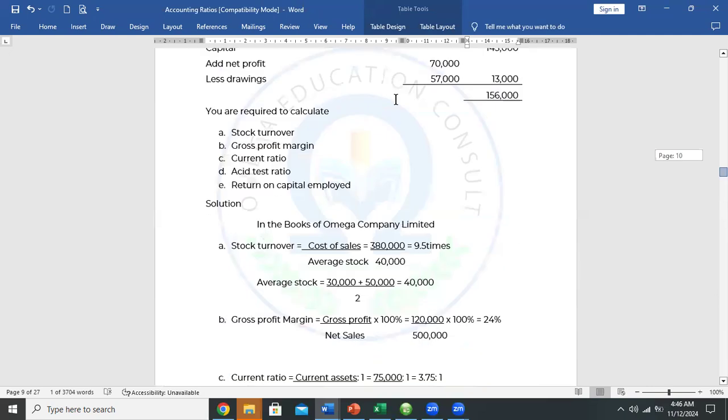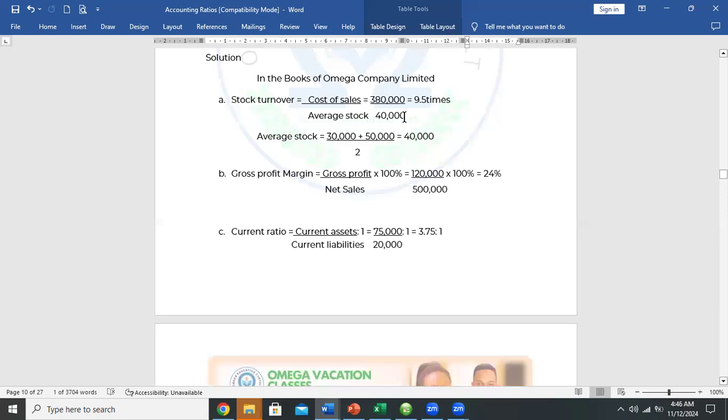Your cost of sales 380 divided by 40,000, you arrive at 9.5. And when you get that figure, you add times. So it means that the business is able to sell and replace stock 9.5 times in a year. Remember, these metrics measure the financial year. So in a year, they're able to sell stock 9.5 times.